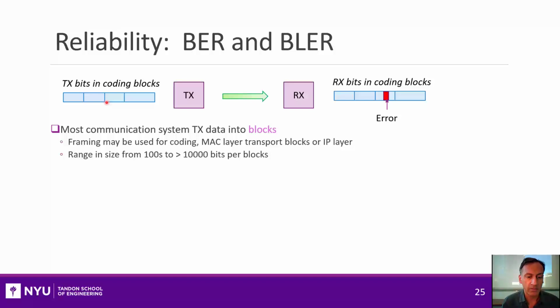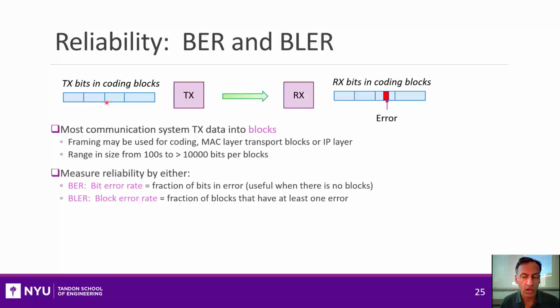And that may or may not be aligned with the higher level packets like IP packets. Now, whenever you have block transmissions, we can think of reliability in two ways, and we'll use both in this class. One is the bit error rate, which is after you decode it, whether an individual bit is in error or not, or the block error rate, which is typically more common, which is that there is at least one error in the block.